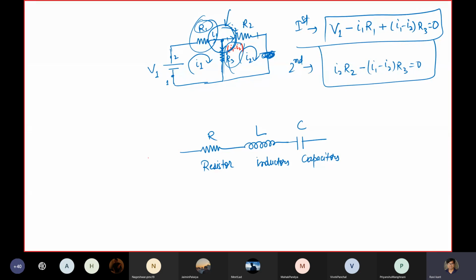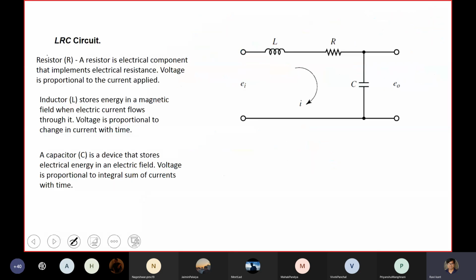They serve very many purposes. So you may have a complicated LRC circuit, inductance, resistance, and capacitance, all the things you may come across in one circuit. But the key thing is you need to write the governing equation.